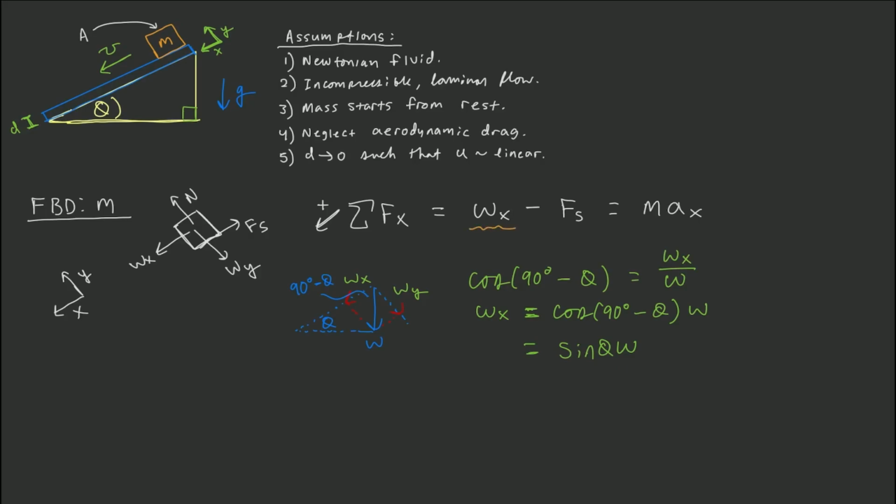So the next thing we need to look at is Fs. Fs is a little bit more complicated, so let's draw that out. Here you could almost visualize if you look at maybe the block when it's right here, you visualize the velocity profile that forms in that oil slick beneath the block as it's moving downwards in positive x. You could almost visualize that it's going to look something like this, where this is our velocity, u, and then it decreases as you go down towards the ramp, and it is 0 at contact with the ramp because of the no slip condition.